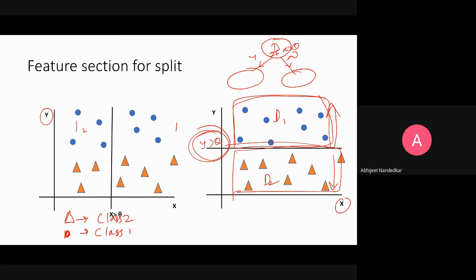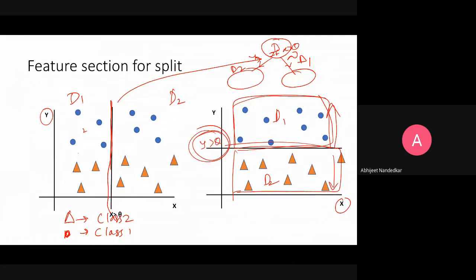This line is implemented at that level, and now you get, say, this as D1 and suppose this as D2. So yes means it is D2 and no means D1.